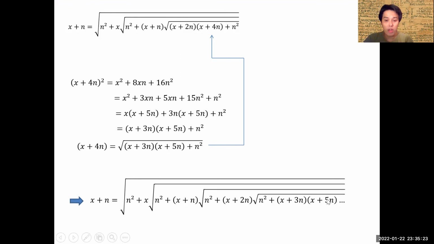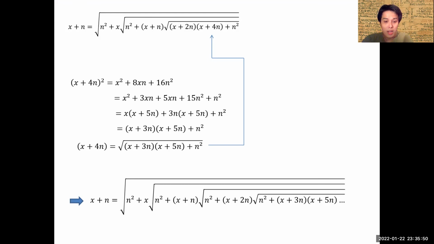So this whole thing, we actually notice a very interesting pattern. What is this pattern? x plus n, x plus 2n, x plus 3n. Notice, because next we are going to deal with x plus 5n, we already have a pattern: x plus n, x plus 2n, x plus 3n. Next one, presume, will be x plus 4n. Next one will be x plus 5n. Make sense?